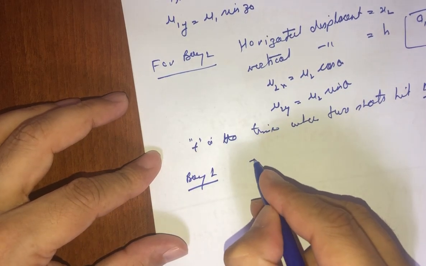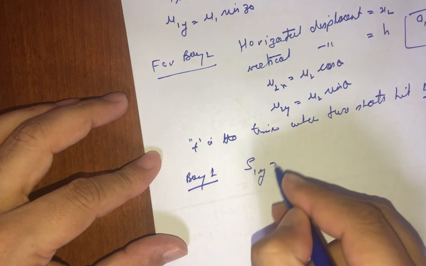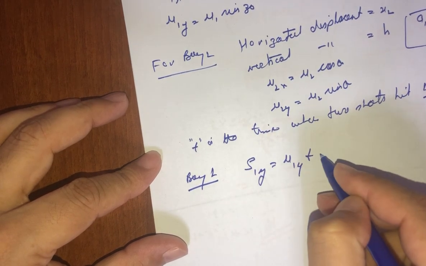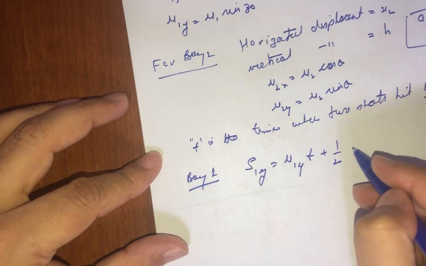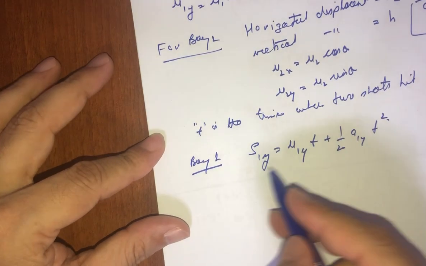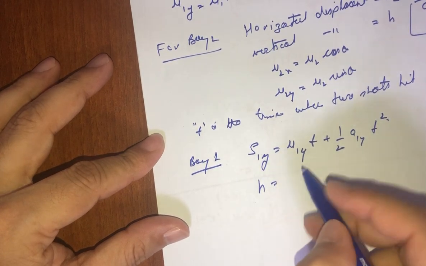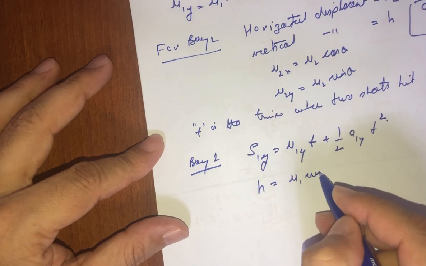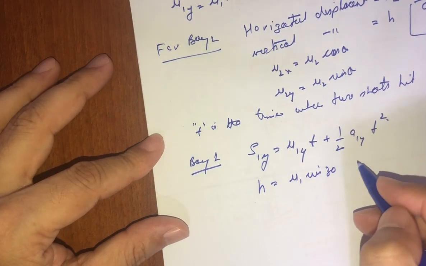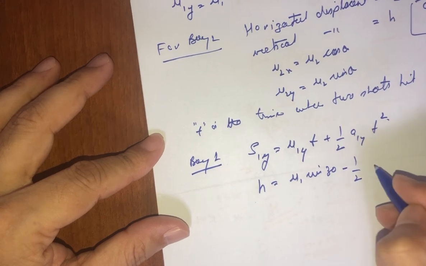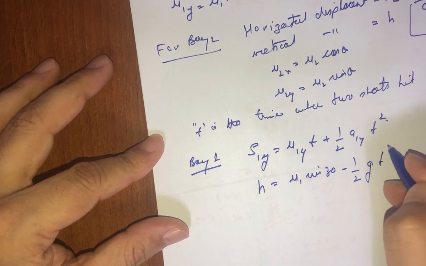We can say that vertical distance s1y will be equal to u1y t plus 1/2 a1y t square. So s1y is h, u1y is u1 sin 30, minus 1/2 g t square.